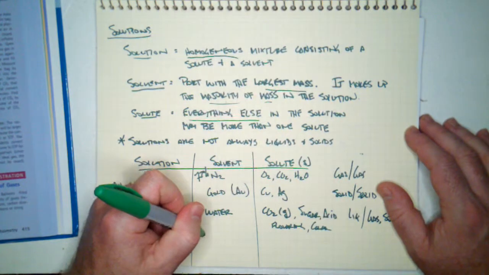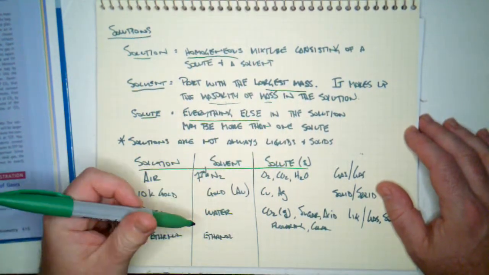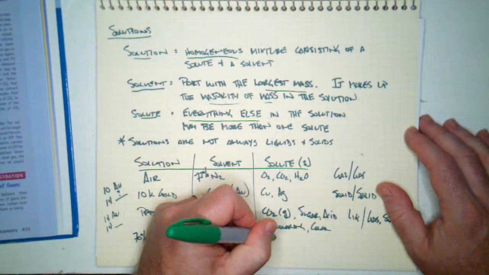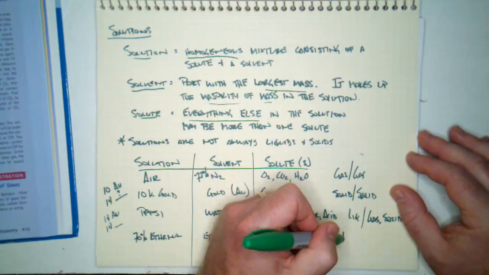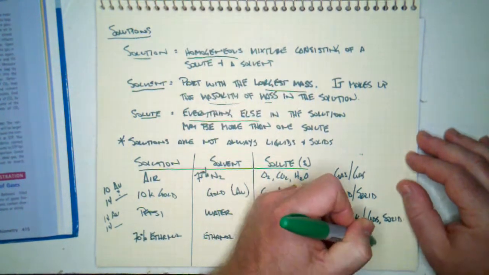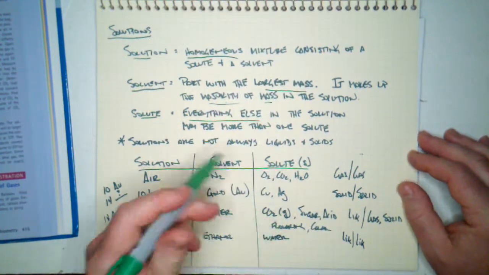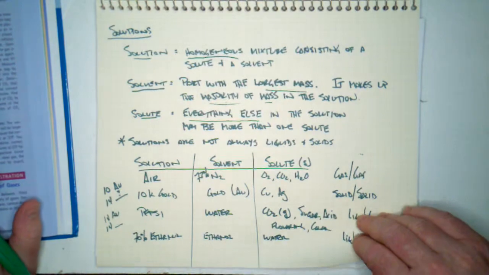So therefore the solvent will be ethanol, and the solute would be water. So what we have is a liquid solution. So solutions can be different kinds.